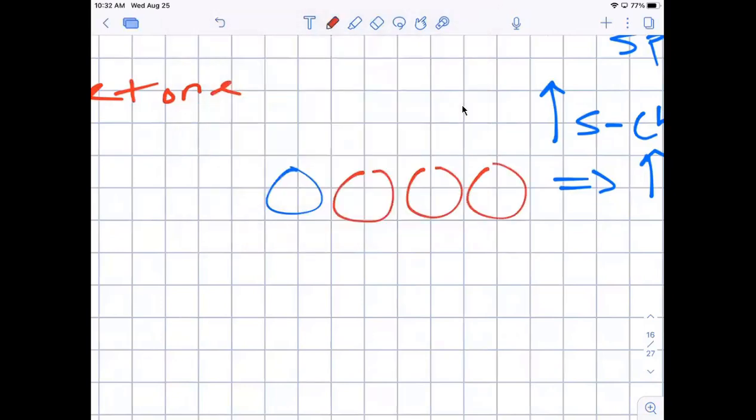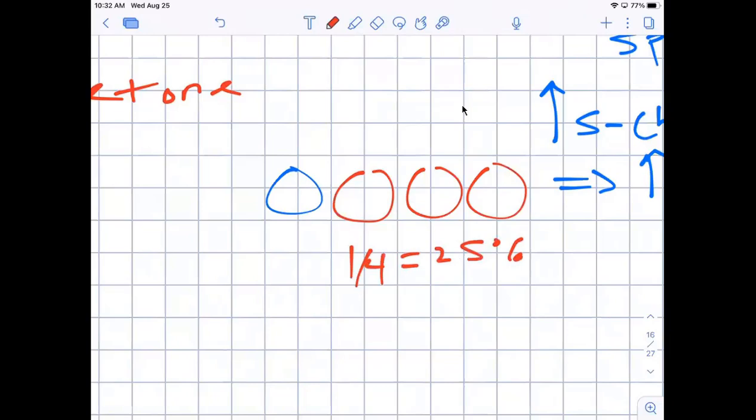Let's say I have 4 balls. How many of them are blue? One. So what percentage of those 4 balls will be blue? 1 out of 4, 25%, right? All right.